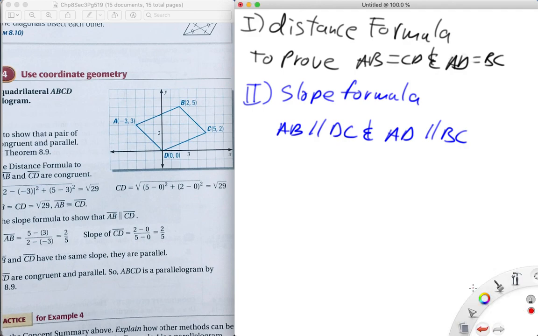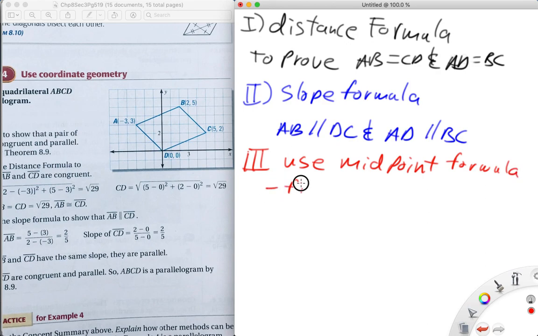We can also use the midpoint formula. You could use the midpoint formula to find the midpoint of AC and find the midpoint of BD.